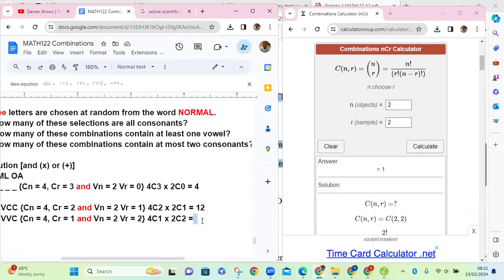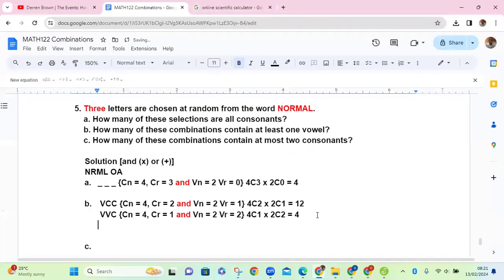So that's 4 ones are 4. And our answer now will be 12 plus 4, because of the word or. That will be 16 combinations with at least 1 vowel: 12 with only 1, and 4 with only 2.